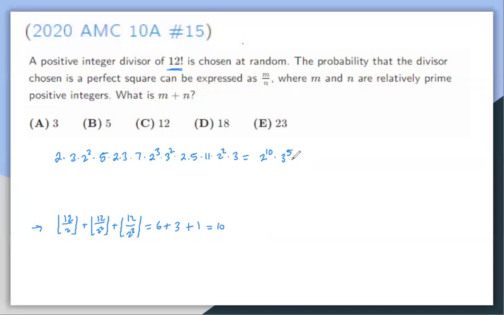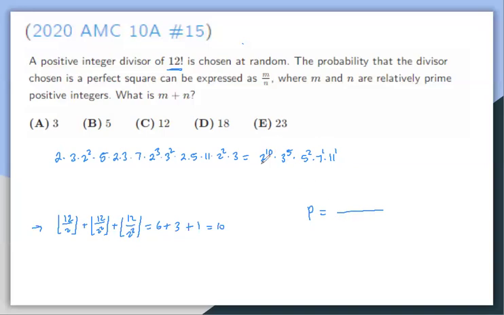So now we have 3's, and then we have two 5's, and then we have 7 and 11. That's it. So the probability of getting a perfect square: the denominator is just the number of divisors. If you remember, counting the number of divisors is adding 1 to each exponent and multiplying. If you don't remember why, I'm going to attach a video to explain why that's the case, so you can take a look at that.